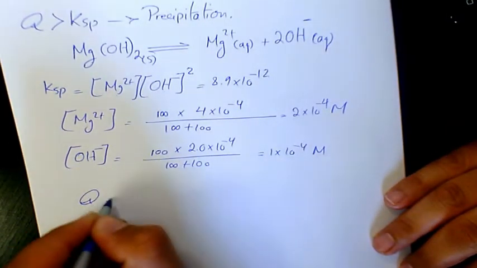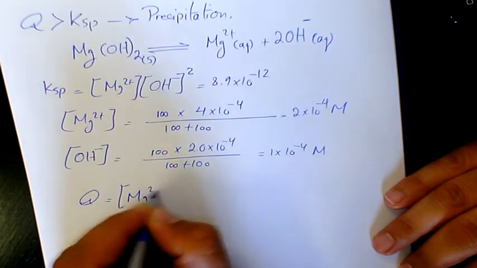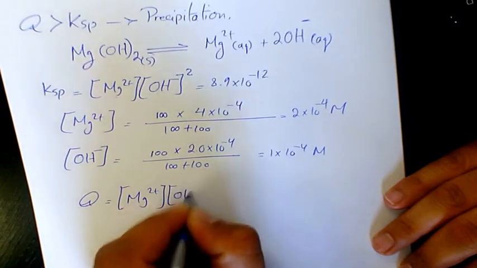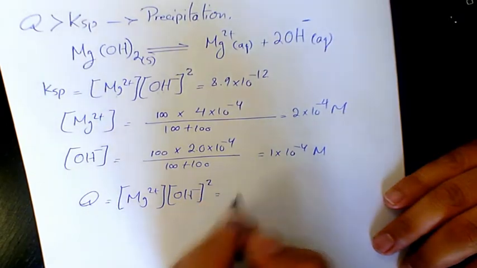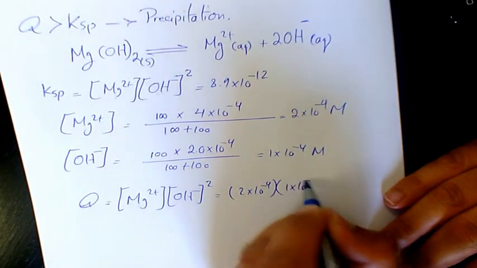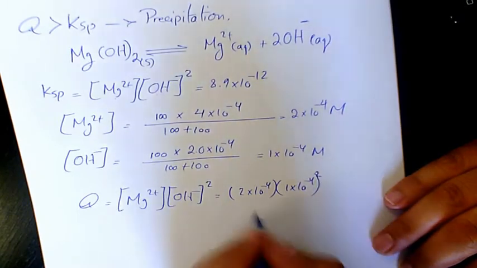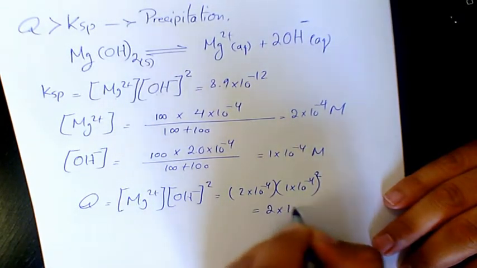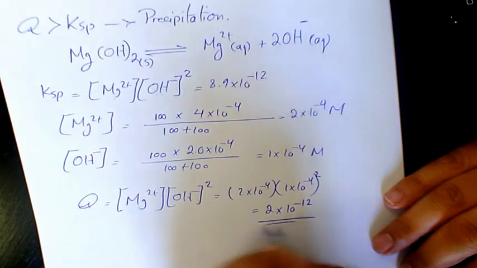So Q will be Mg2+ times OH to the power of 2, which will be 2 times 10 to the power of negative 4, times 1 times 10 to the power of negative 4 to the power of 2. That will be 2 times 10 to the power of negative 12.